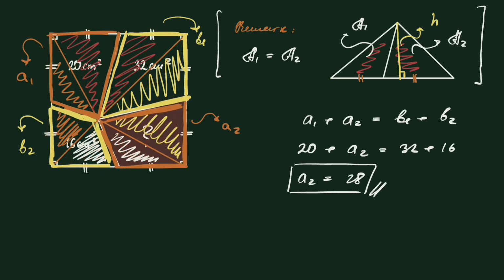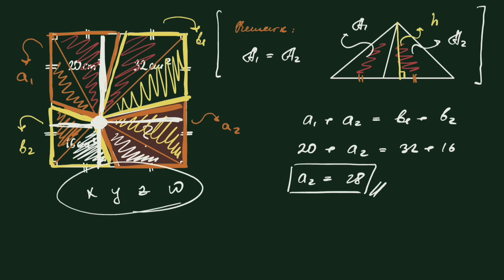Now, of course, there are some other ways of solving this problem. For instance, one of them would be as simple as drawing 4 heights here, right, to all the 4 sides, and introducing some variables like x, y, z, and w, and I believe you will get 4 equations, and by solving this system you might obtain the value for the area.